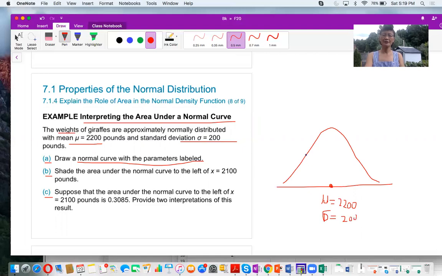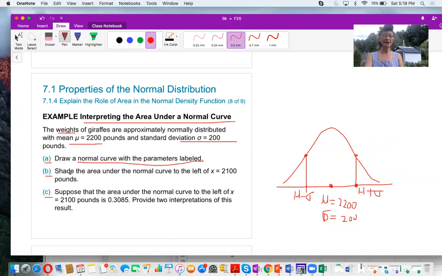Okay. And this, for example, is an inflection point. So this point represents mu plus sigma, one standard deviation. And this point represents mu minus sigma. So this is question A.